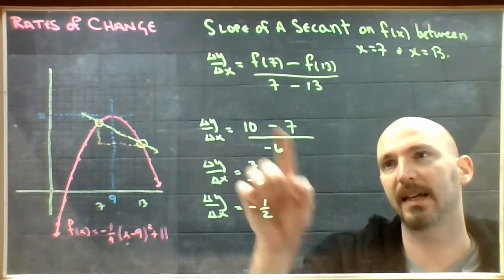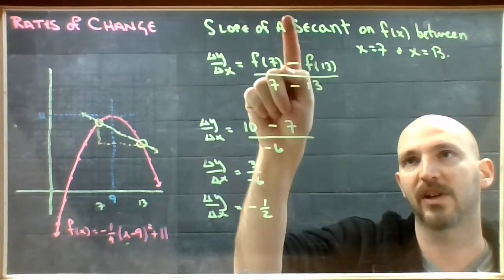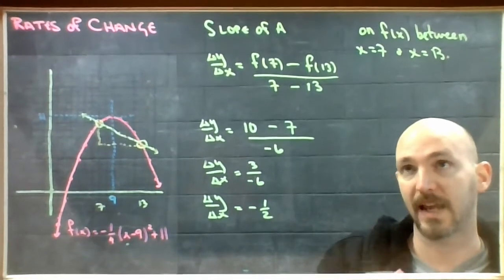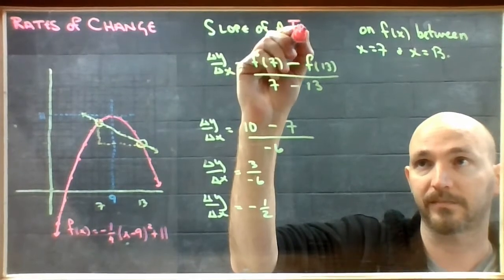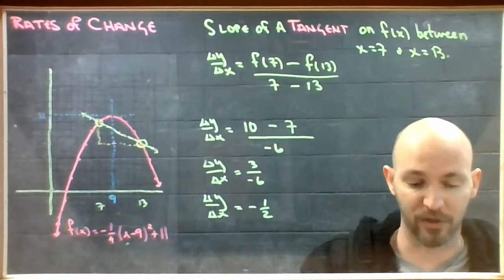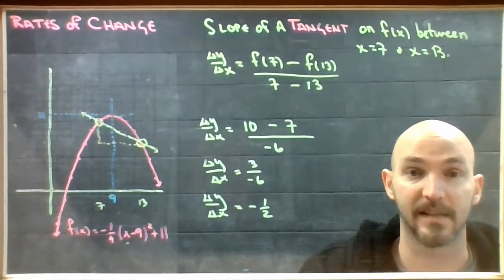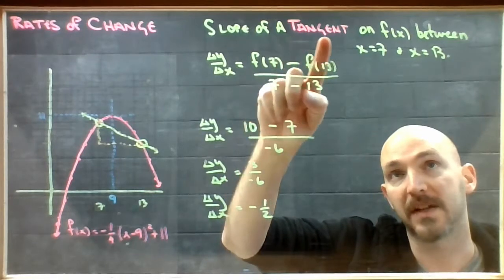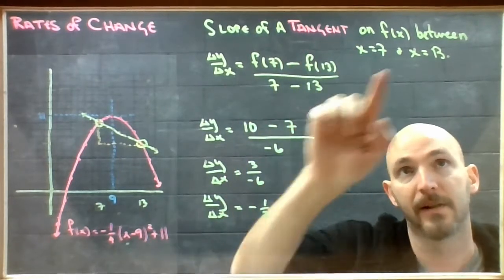So if I were to take this formula and change it so that it's slope of a tangent, that's a line that just grazes the curve and has the same slope as the curve at its particular point.